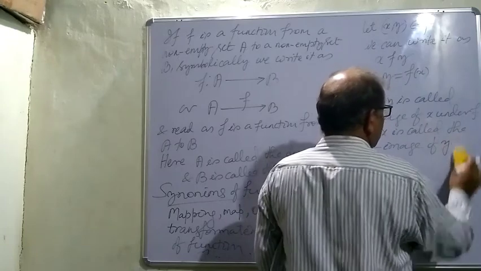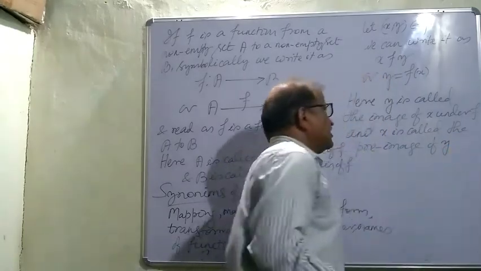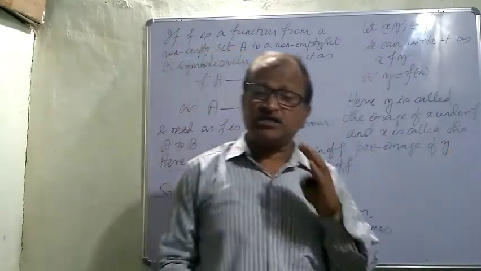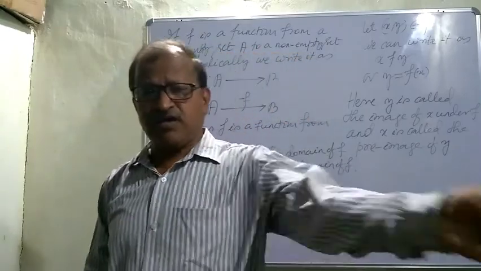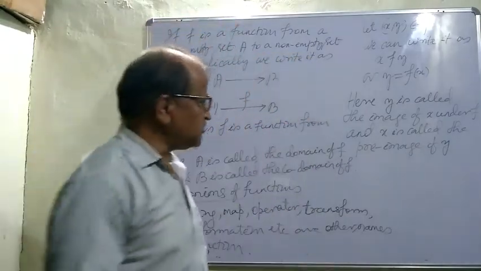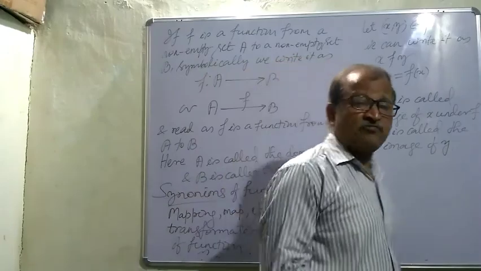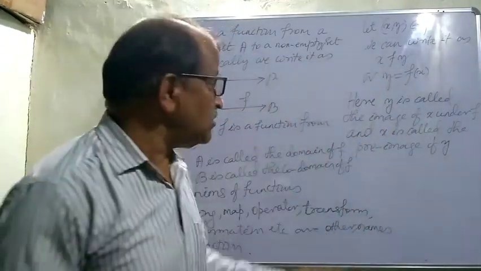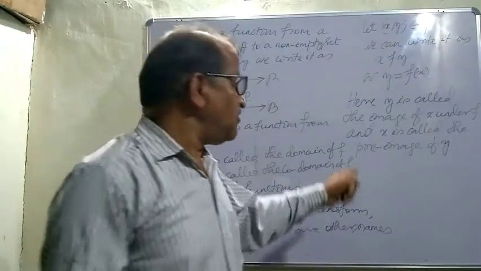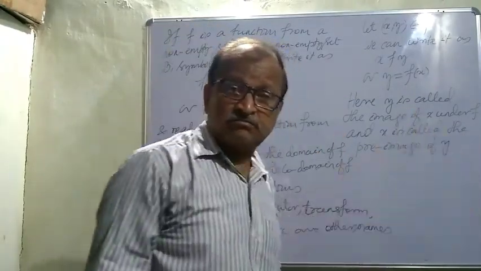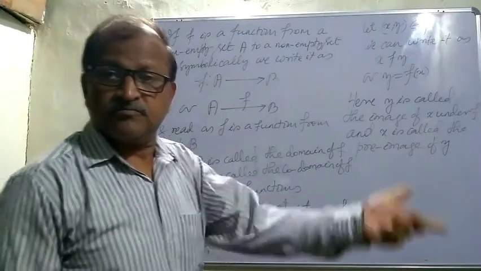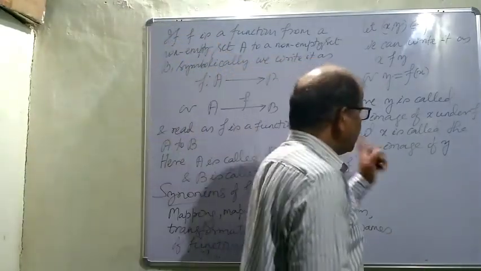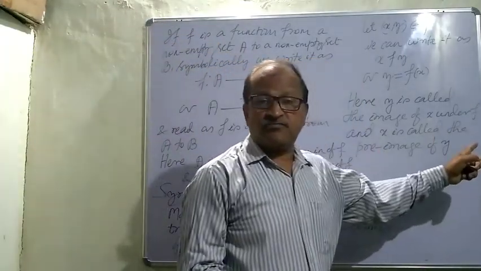If (x, y) belongs to f, or y = f(x), or x f y, that means (x, y) is an element of the function f, then y is called the image of x under f.